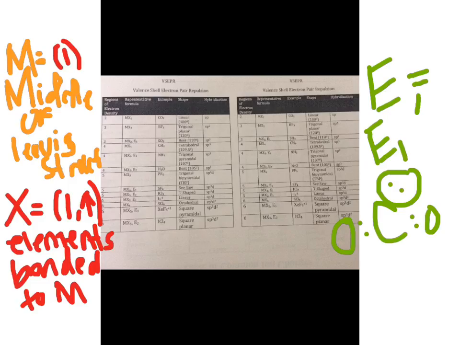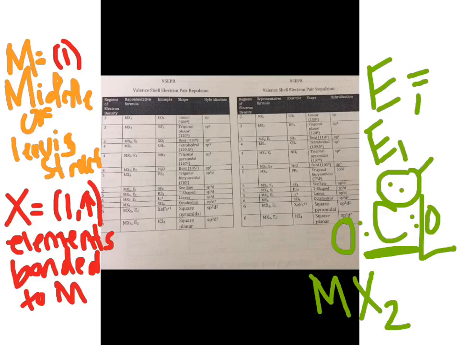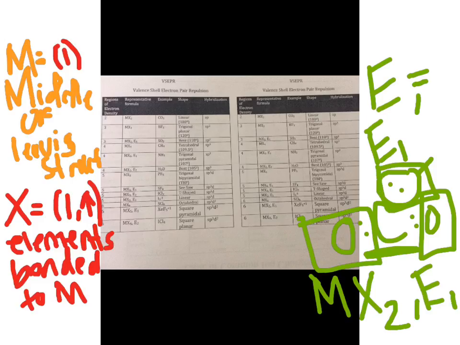But if you did, that would cause your equation to be M, you have one M, X2, 2 X's, E1, one set of electrons. Okay? Does that make sense now? Let's go on to the next element.